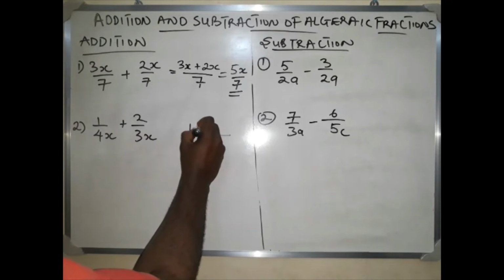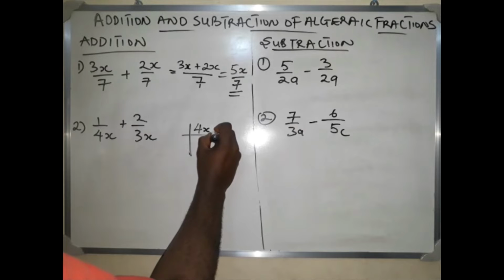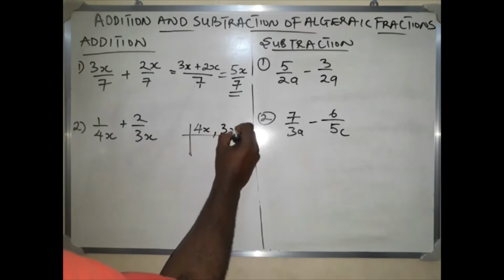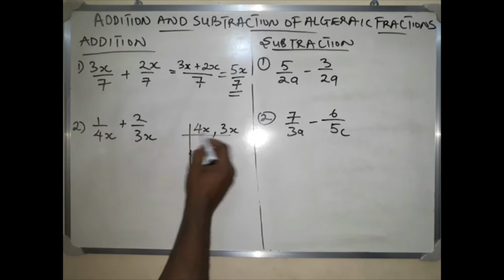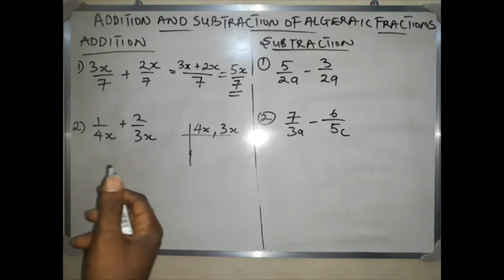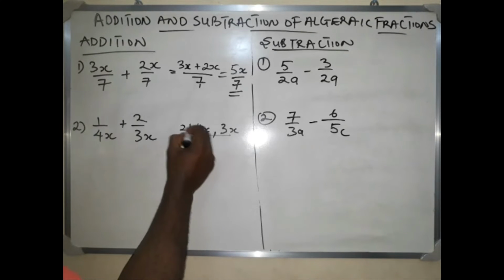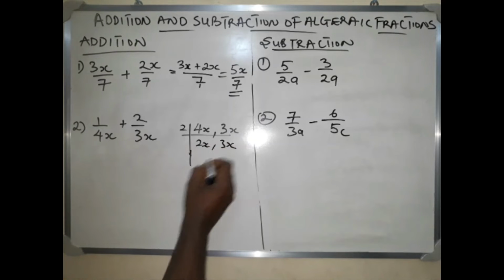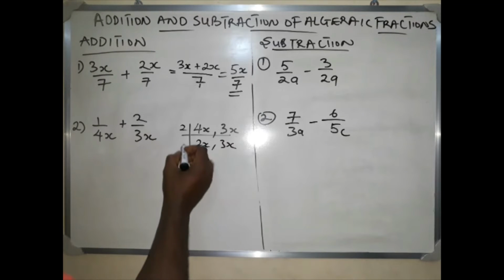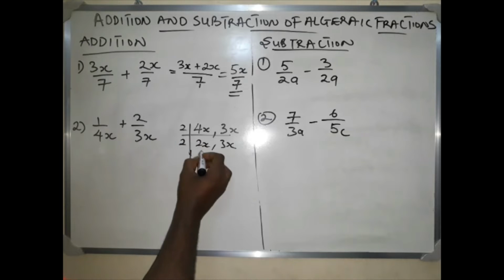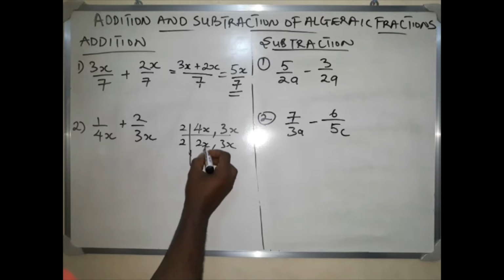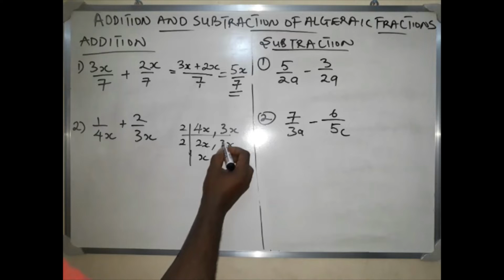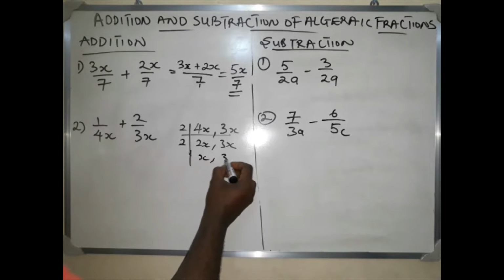It's very simple. All you have to do is write your denominators in a tabular form like this, then start dividing them by common factors. Like here, we say 2 divides 4x, gives you 2x, bring the 3x down, since 2 cannot divide 3x. Then 2 can still divide 2x, which gives us x. 2 cannot divide 3x, so you bring down the 3x.